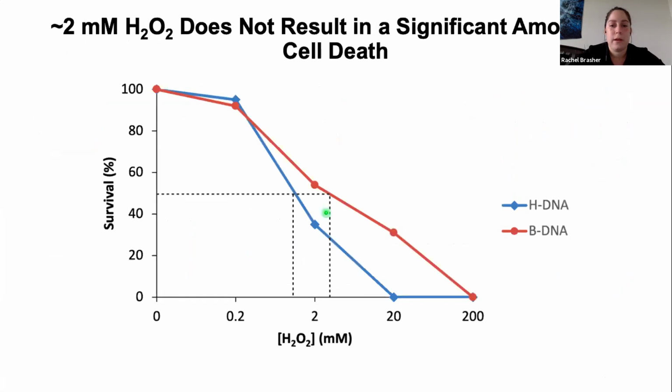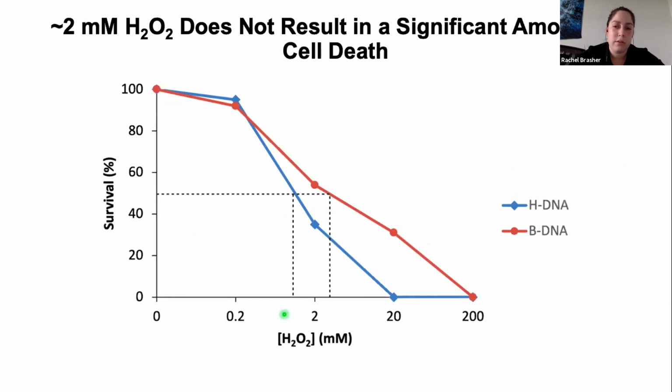So I was able to determine that approximately 2 millimolar of hydrogen peroxide does not result in a significant amount of cell death. This was determined by finding the lethal concentration.